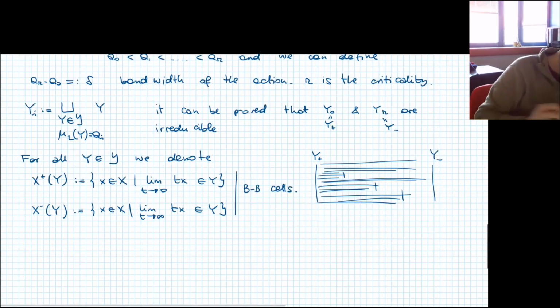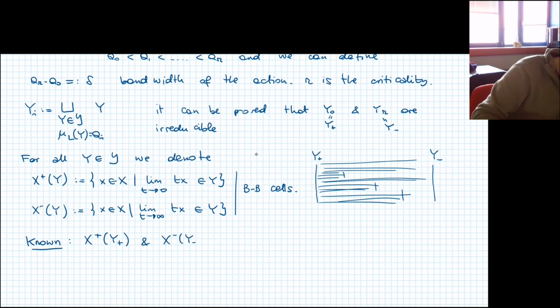Okay, what is known is that both X plus of Y plus and X minus of Y minus are dense open subsets of X.